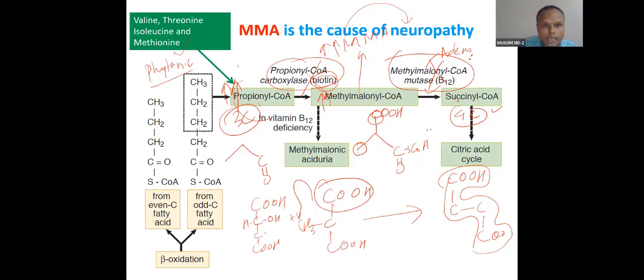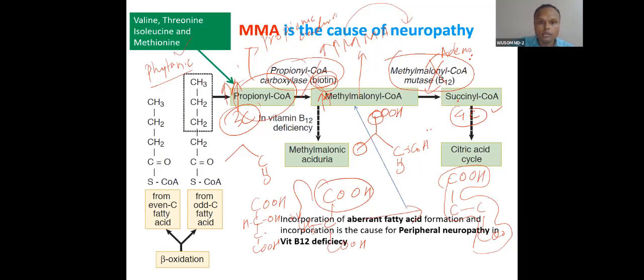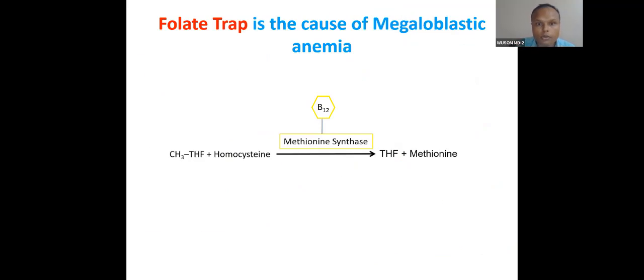Propionic acid will cause propionic aciduria, which is a different condition. That is why this is a very important pathway. Two pathways are associated, and you can study this yourself. MMA is the reason for peripheral neuropathy.